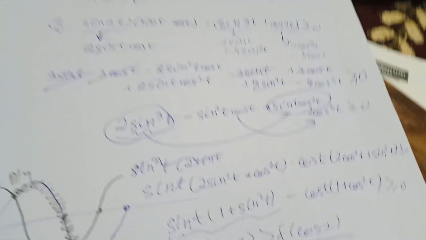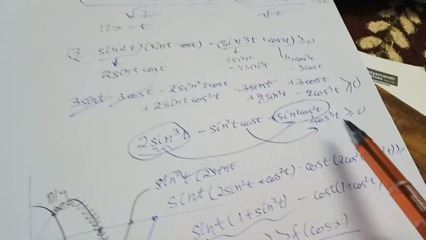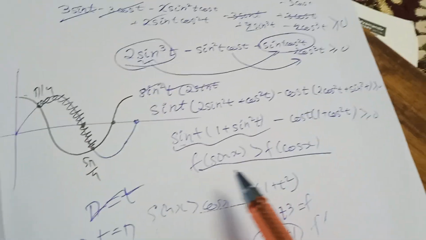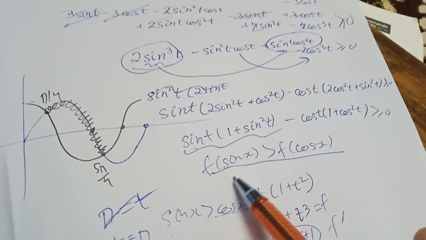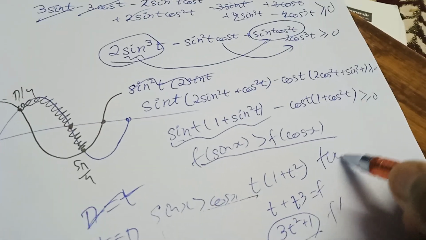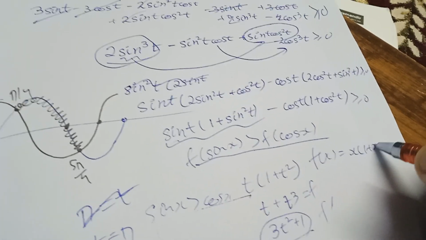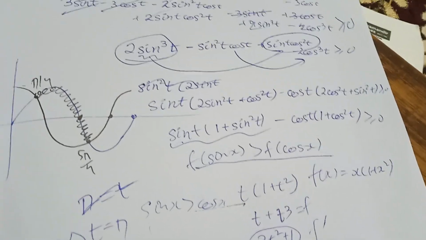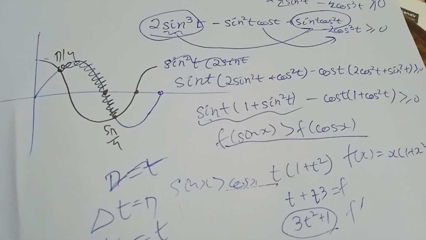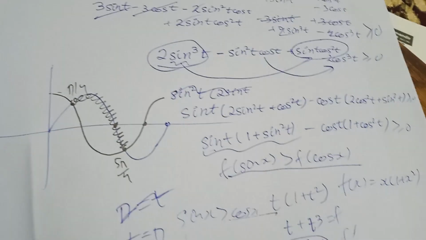Then I made a polynomial in sine and cos after rearranging. And here f(x) is equal to x plus x cube, or x times (1 plus x square). I checked whether it is an increasing or decreasing function. If it would have been a decreasing function, I would have had to compare that cos is greater than sine. So this is my solution.